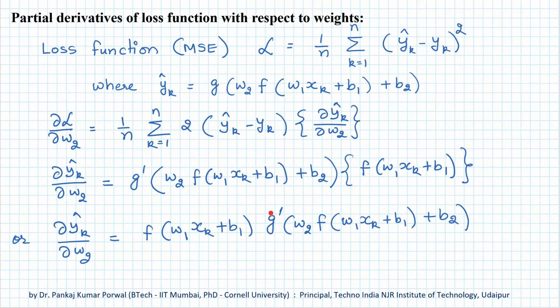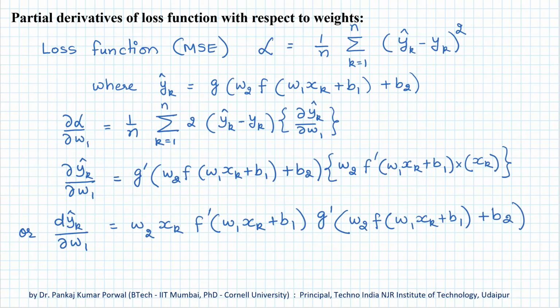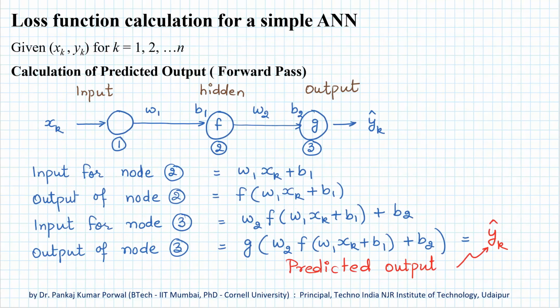That is, I need derivatives of activation functions of all the succeeding layers. So that will be tricky when we are proceeding in forward direction. That is, first we find the partial derivative with respect to W1 and then W2.